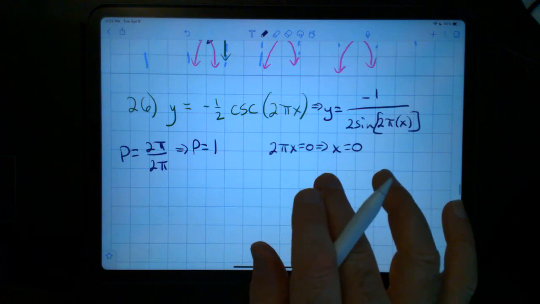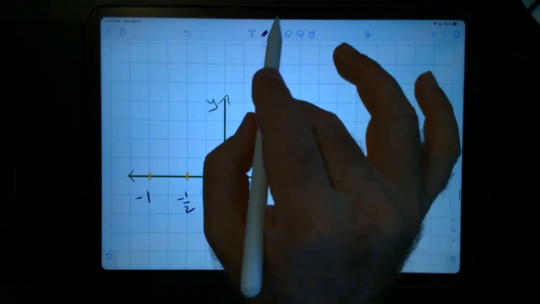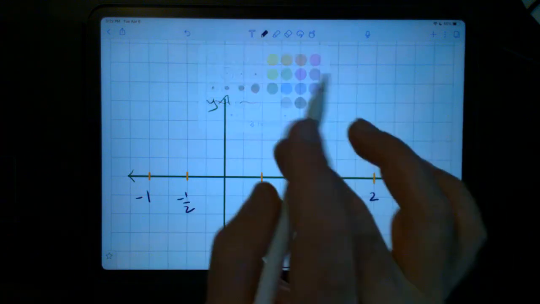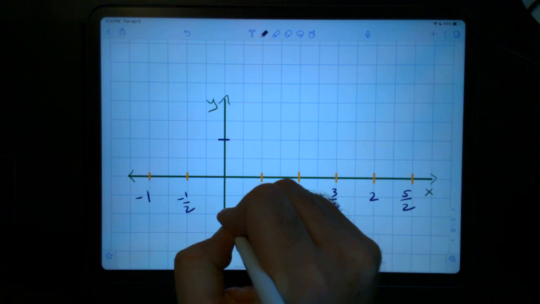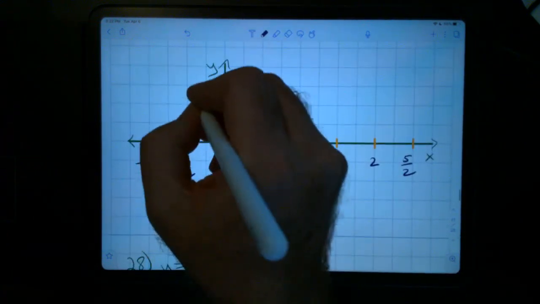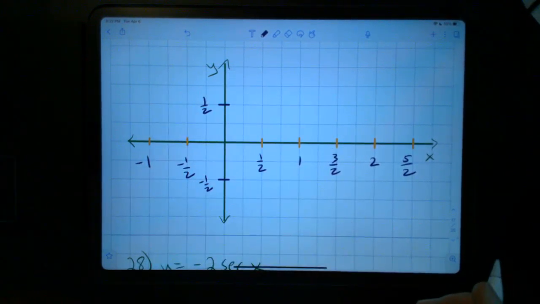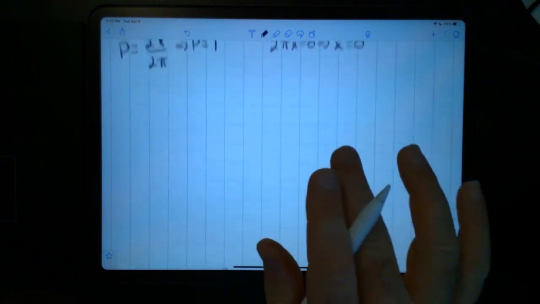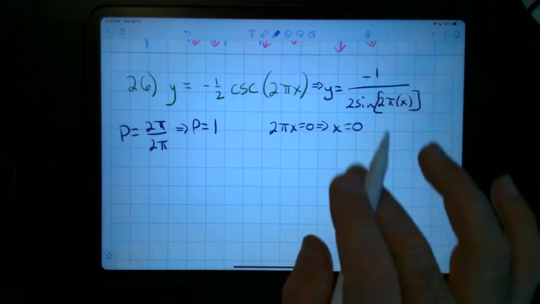And our A is 1, and this negative, careful with that. Our amplitude is 1/2. Put in our asymptotes.